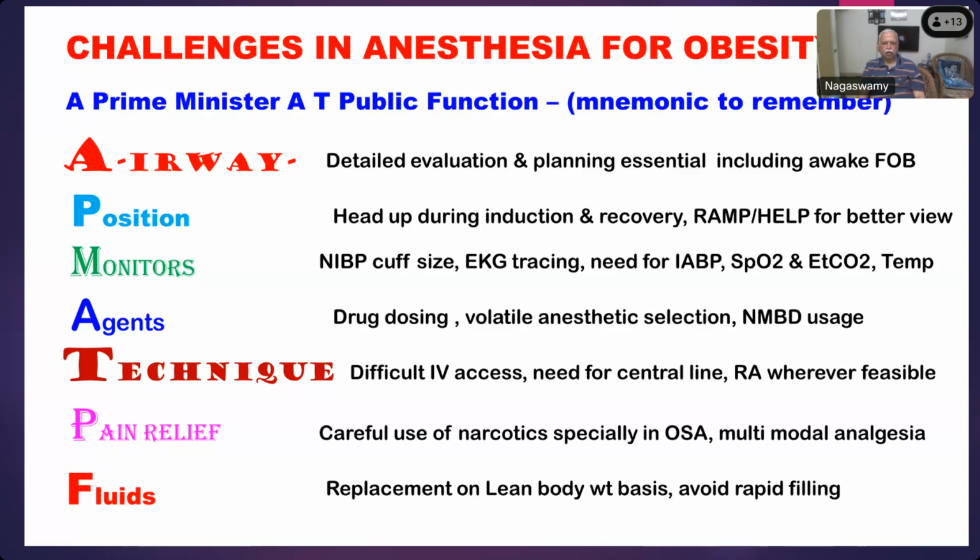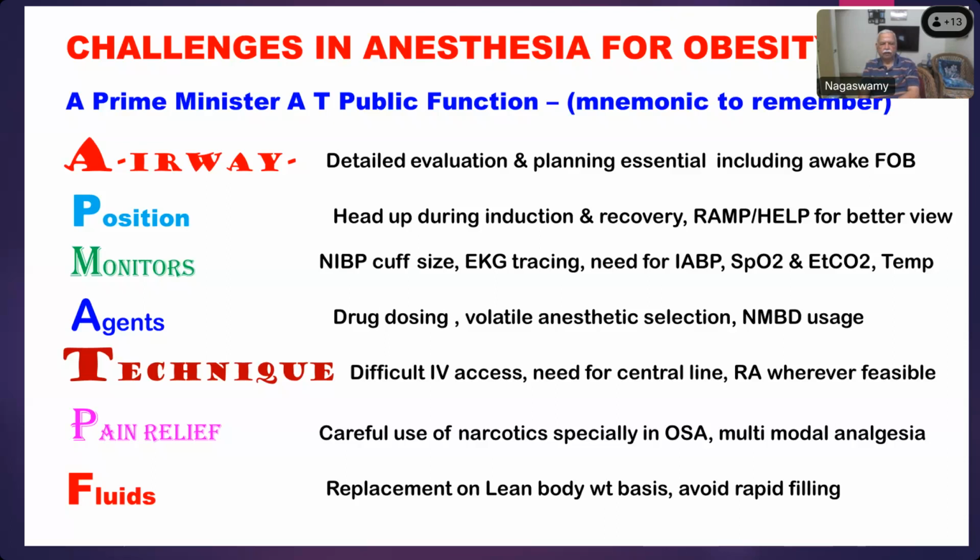The agents of choice, the drug dosing, volatile anesthetic selection, and neuromuscular blocking drug usage, all have to be planned in advance. And what technique you are going to use: what are you going to do for difficult IV access, whether you need a central line, wherever regional is possible whether you are going to use that, or when there is a GA, what precautions you have to take.